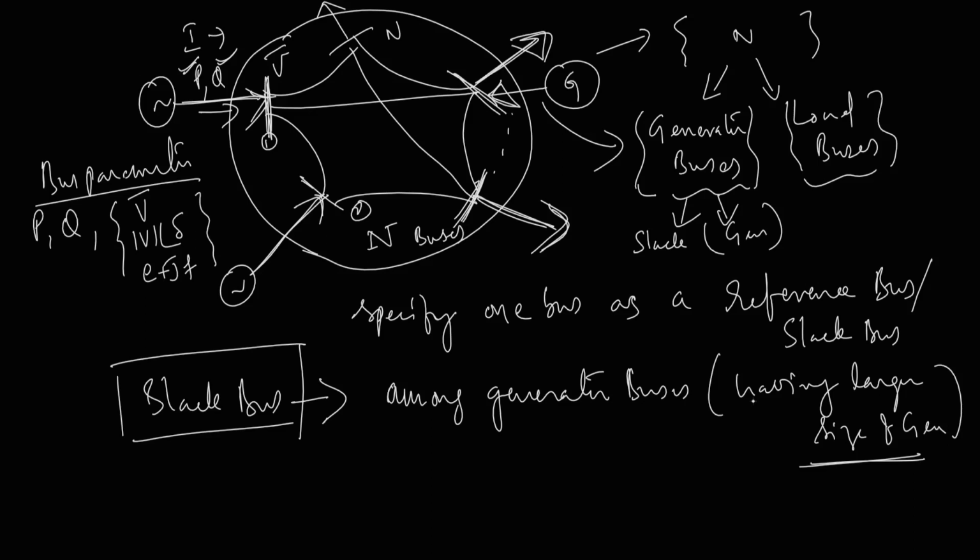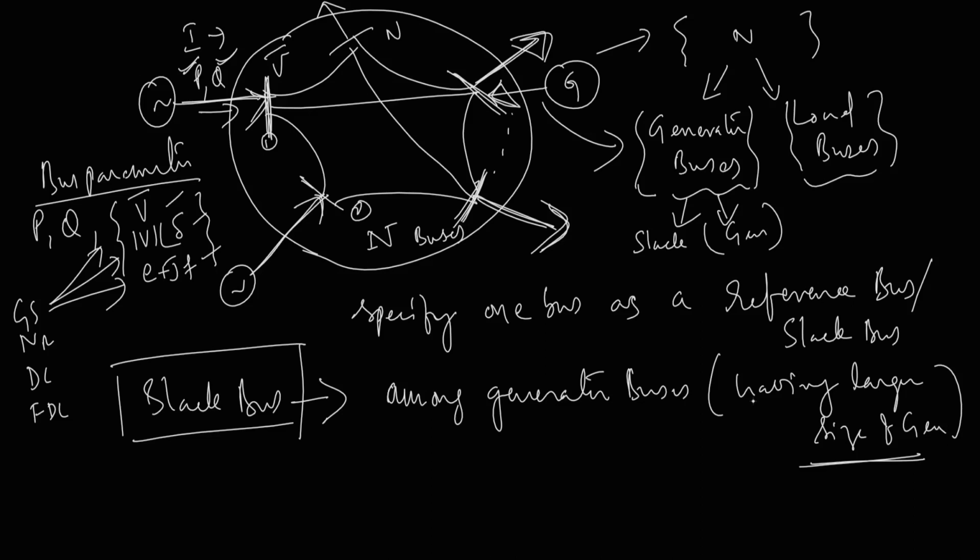So there are methods, Gauss-Seidel method, Newton-Raphson method, decoupled method, fast decoupled method, and all that. Now they may be adopting different types of variables, and based on the adoption of these variables, we will have our own problem formulation and solution methodology.